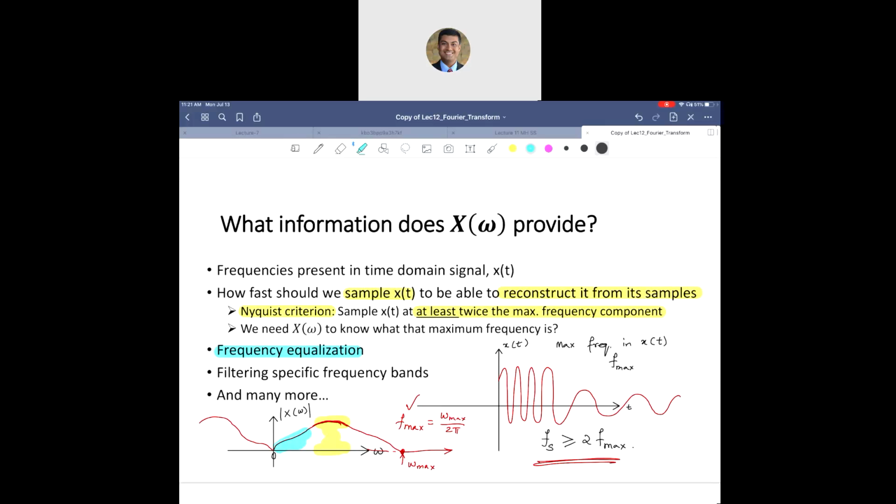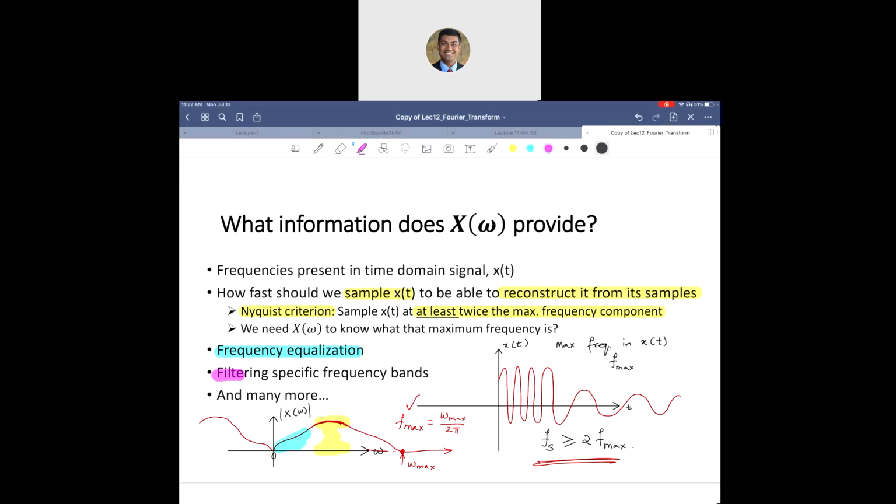In other words, I can amplify the frequencies that are getting attenuated once I know that Fourier transform. Once I know how the channel is treating the frequencies differently, I can do a frequency equalization so that for the receiver, all frequencies, low and high, appear the same. So frequency equalization is another application where Fourier transform is very, very critical.